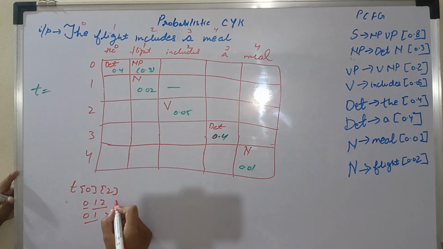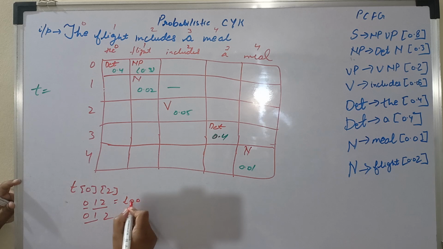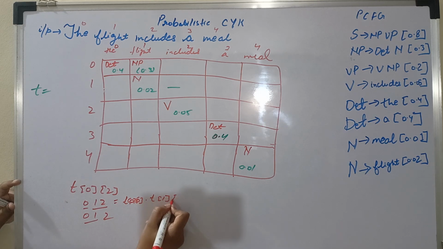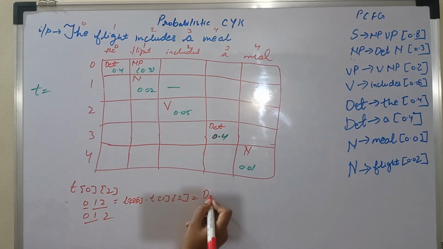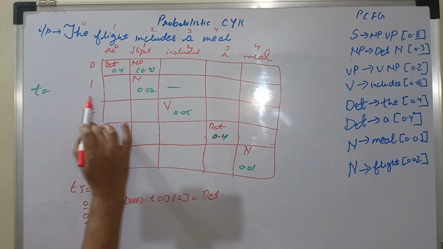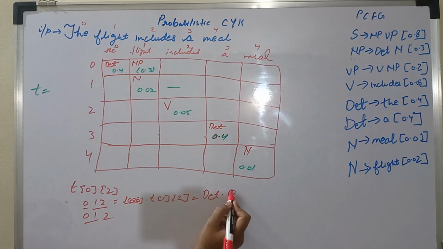So here it becomes T0 0 into T1 2. Okay. So here if we fill these values, T0 0 is det, and T1 2 is again 5 or nothing. So this becomes 5. Okay.